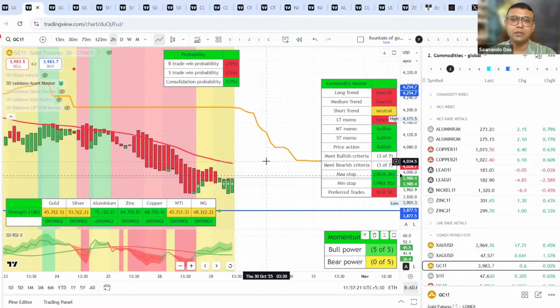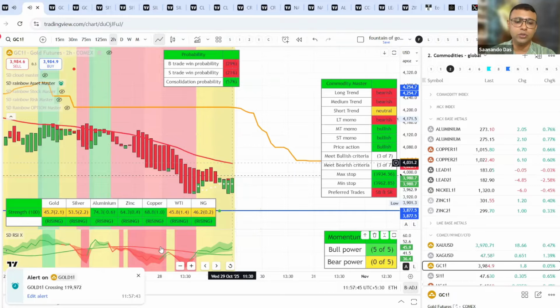The main resistance for gold is around $60 away, around 4035 US dollars. And if gold truly turns bullish, it can once again reach out towards 4,200 US dollars, with an interim stopover around 4080 US dollars.